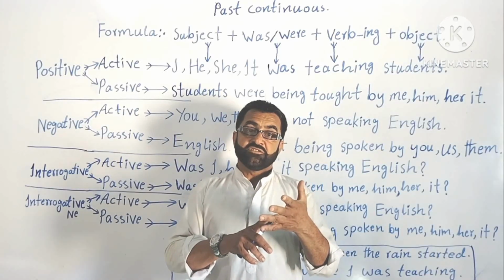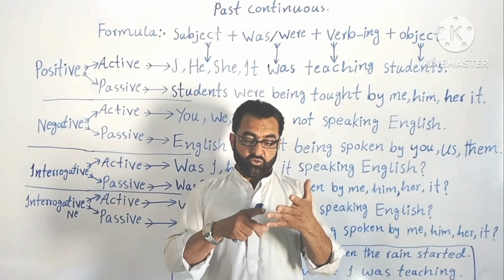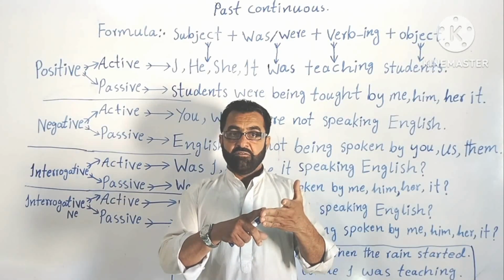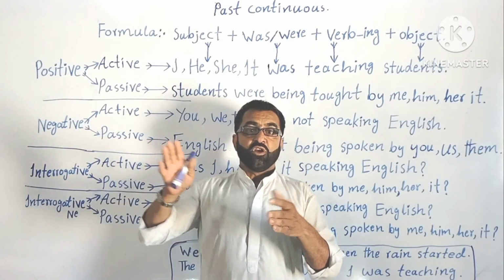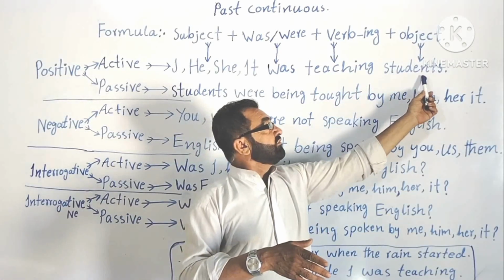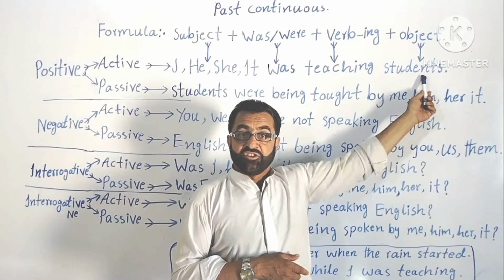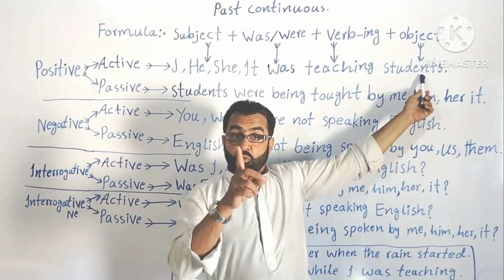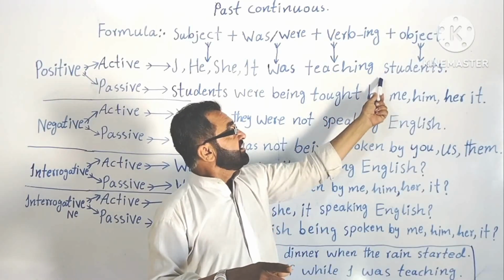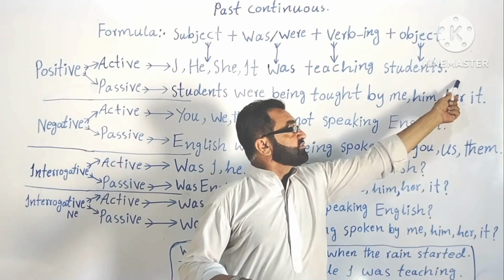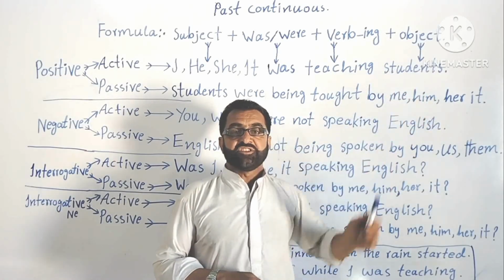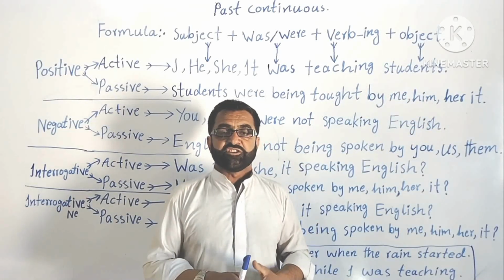I was washing. I is the subject, was is the helping verb, washing is the main verb. As I said before, whatever comes after the main verb will be considered as the object of the active voice. Main verb finished here. Now whatever comes, those all will be considered as the objects of the active voice.